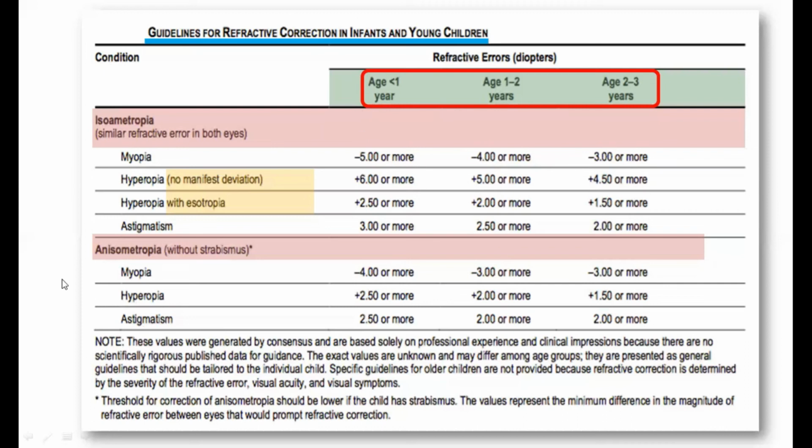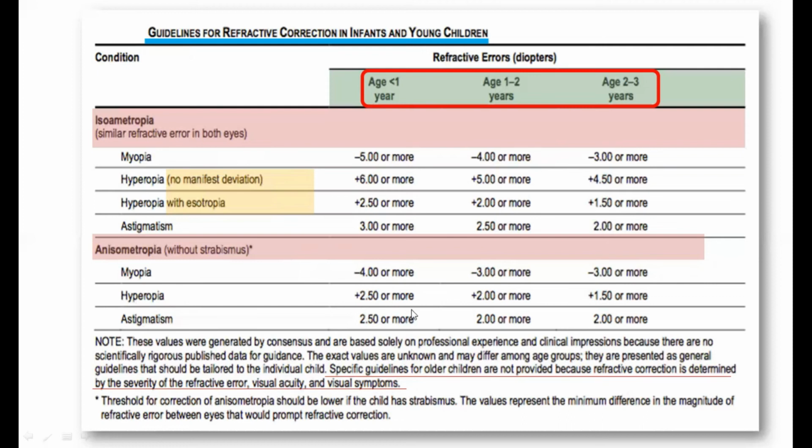Second point here, whenever there is a note below the table, you must read it carefully. It usually contains information that is as important as the contents of the table itself. Here I underlined an important sentence that says the guidelines for older children are not provided because the refractive correction is determined not only by the severity of the refractive error, but also the visual acuity and visual symptoms.